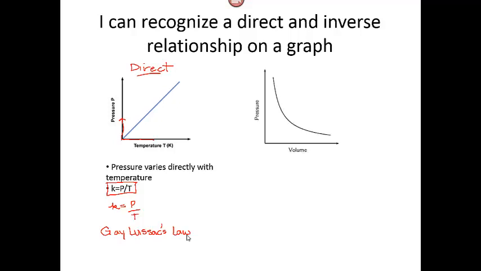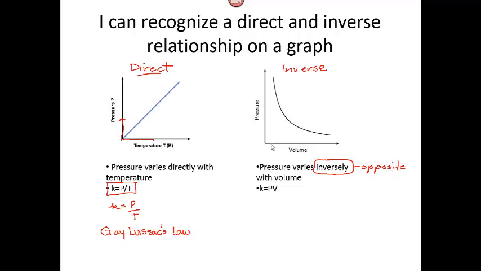The other type of relationship that we have investigated is an inverse relationship. In this case, the pressure varies inversely with volume. Another word for inversely that might be easier to understand is opposite.